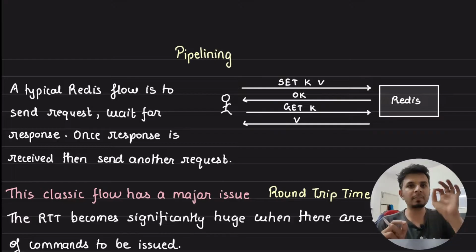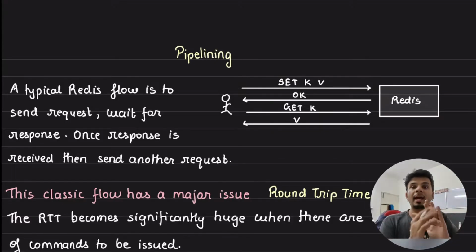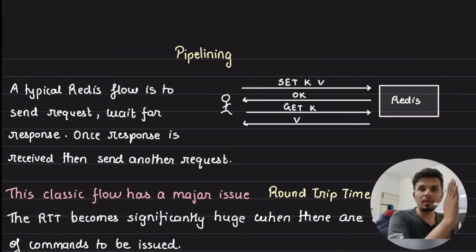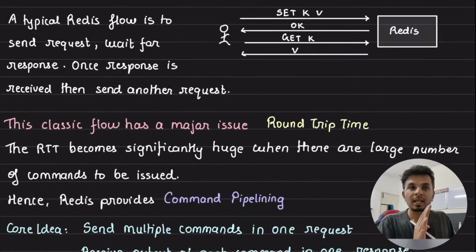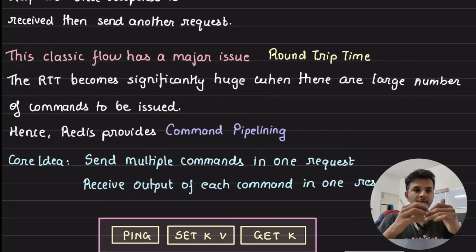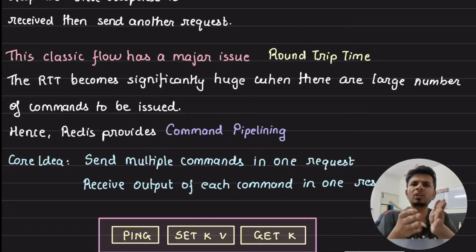Right? So here, if I'm just setting a particular key and then getting the value for that key, I'm doing a lot of round trips, because a lot of packets need to be sent across the network from your client to your server, from your server back to the client, then the second request, then the response to that. If it's within the same machine, you would not see a difference because it's just a local connection, just localhost.